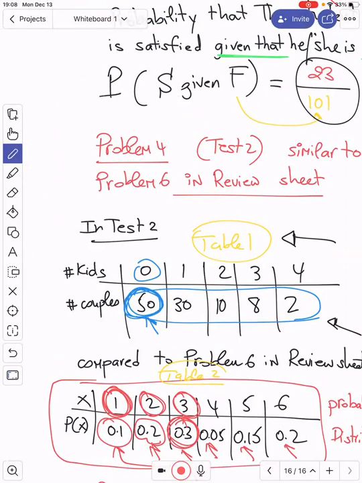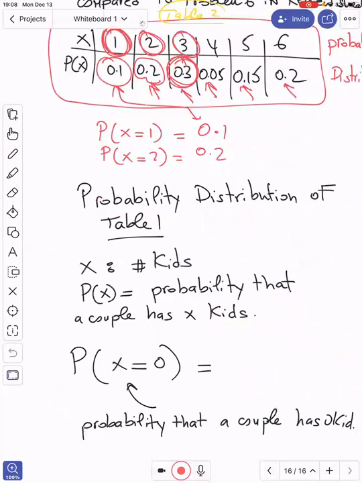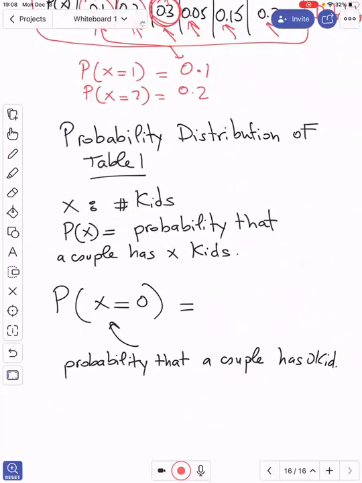We have 100 couples, that's the size of the sample. And how many couples with 0 kids? It's 50, right? So when you select a couple at random, you have 50 over 100 chance that the couple has 0 kids. So the probability that X equals 0 is just 50 over 100.